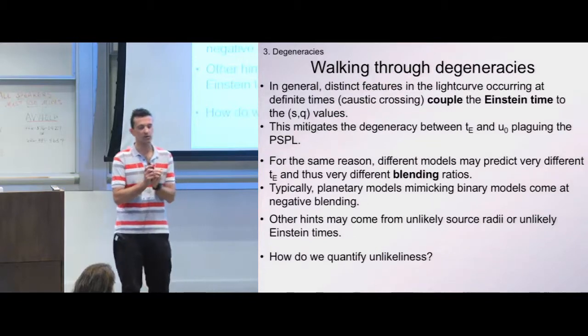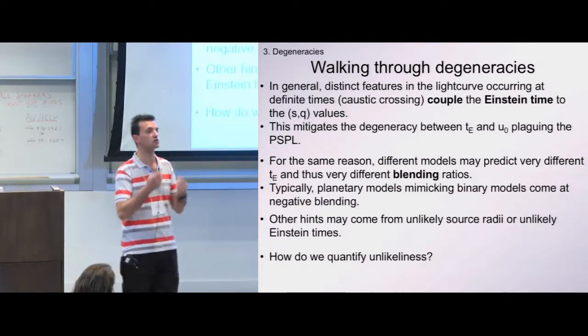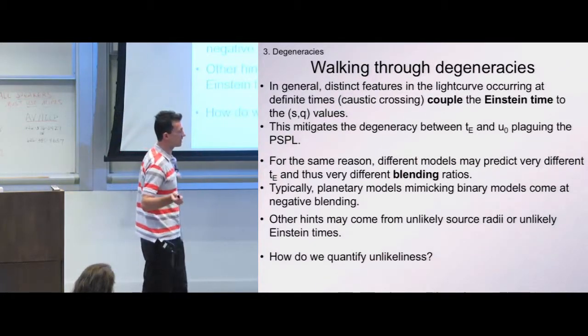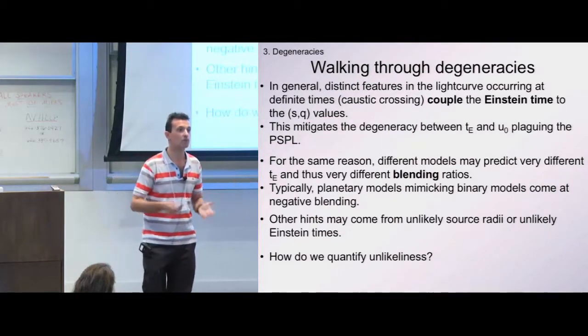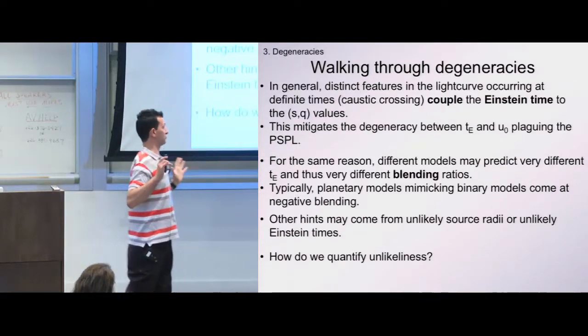So at this point, we can start to think about injecting some external information. We can derive models and explore our parameter space, but some of these alternative minima will lead to unphysical solutions, or at least unlikely solutions.